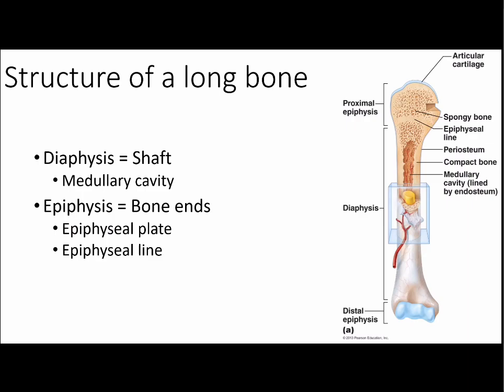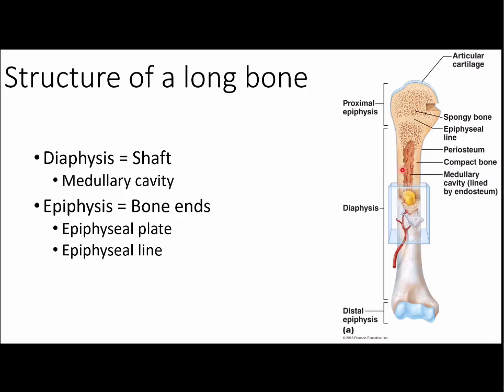Now looking at the structure of a long bone, your long bone is made up of a shaft, two ends, and various membranes. So specifically, this shaft, the center portion of our long bone, is called the diaphysis. You can see we have thick layers of compact bone here on the outside compared to the thin plate of compact bone that we saw in our flat bones.